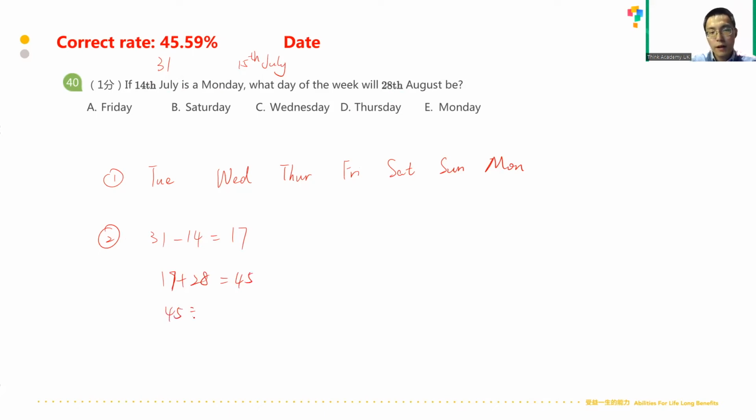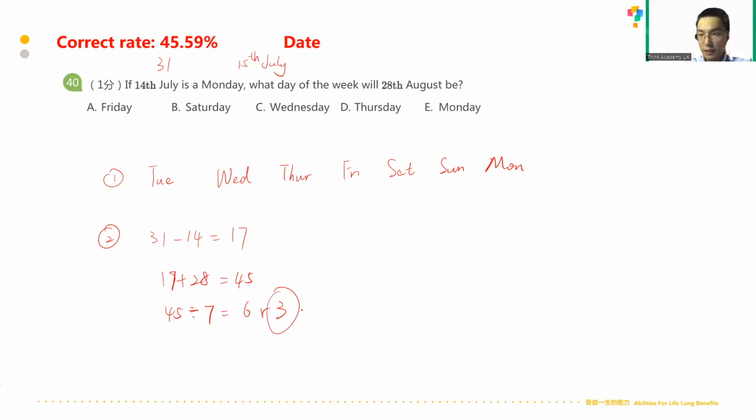And 45 divided by 7, we have 7 days in one cycle. We want to find out how many cycles we have. It will be 6 with a remainder of 3. So 6 times 7 is 42 with a remainder of 3. So we don't care about the cycles. We don't care about how many weeks have passed. We want to know what day of the week 28th of August will be. So we only look at the remainder right here.